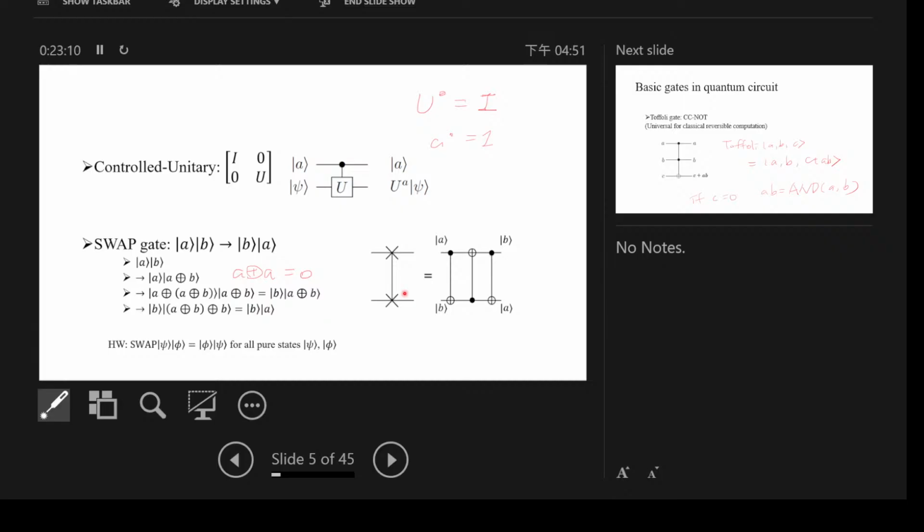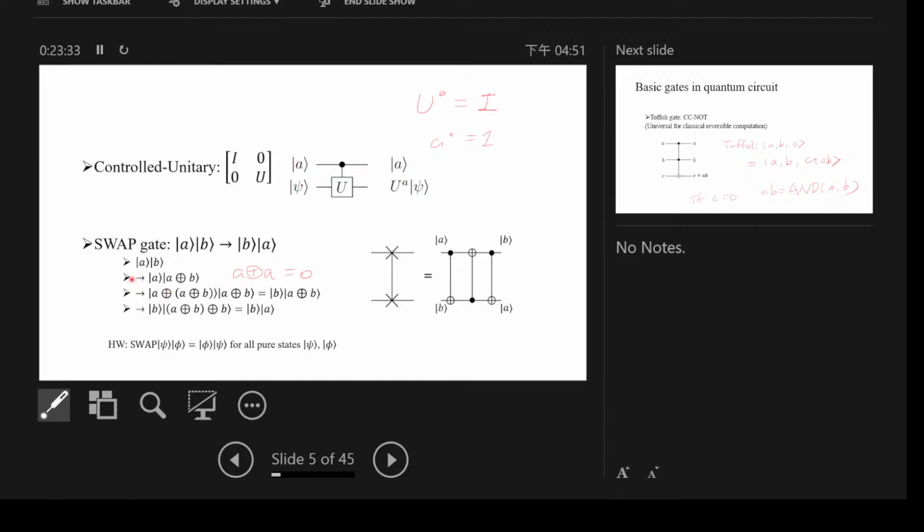And yeah, so if you do this on computational basis AB state, it should become a BA state. Okay. And the swap gate has a nice decomposition from just doing CNOT gates. So you can actually do 3 CNOT gates and get a swap gate. Okay. And let's see this actually work out.